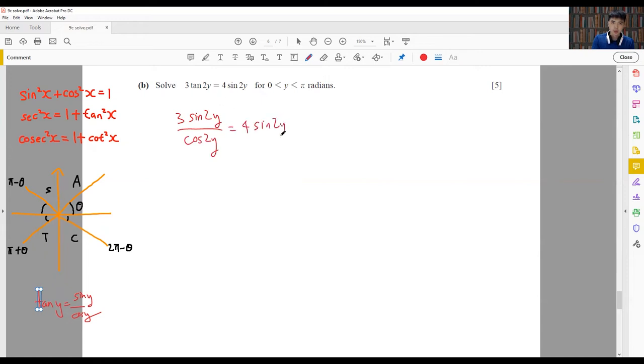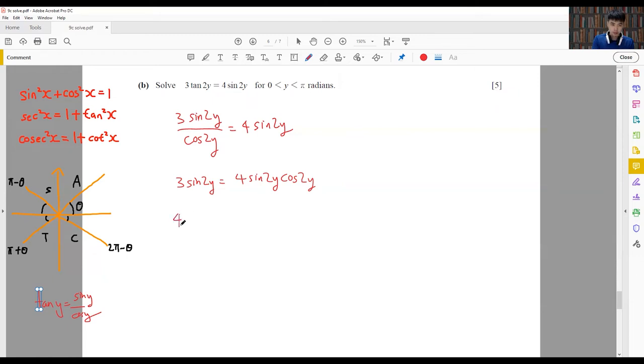sin 2y. What you're going to do is bring the denominator at the bottom to the right hand side and multiply it. So you have 3 sin 2y equals 4 sin 2y cos 2y. Okay, and from here the next part is you're going to bring this over and let them all equal 0.